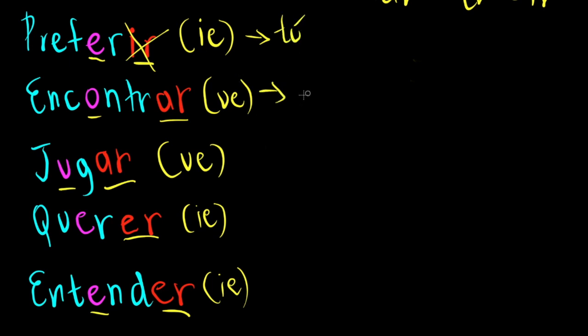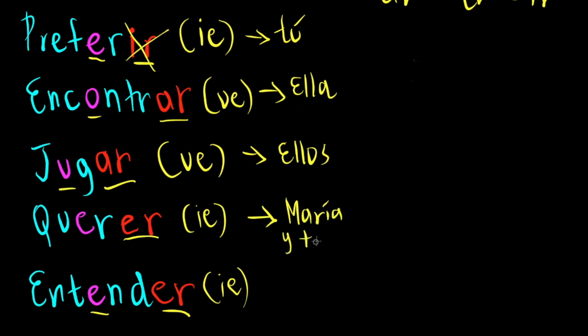So you're going to conjugate preferir to tú, encontrar to ella, jugar to ellos, querer, you're going to conjugate it to María y tú. And entender, you're going to conjugate it to María y yo. So pause the video and conjugate this verb.